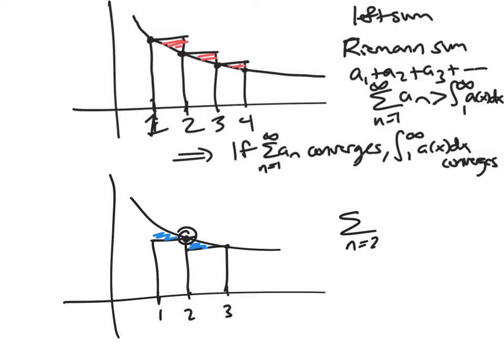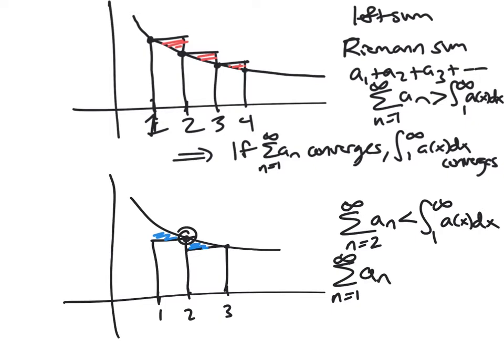So we're really looking at the series n equals 2 to infinity of an, and this is less than the integral from 1 to infinity of a of x dx. You might say, okay, this isn't exactly what we wanted, but we can then say that our series is less than a1 plus the integral of a of x dx, just adding a1 to each side.